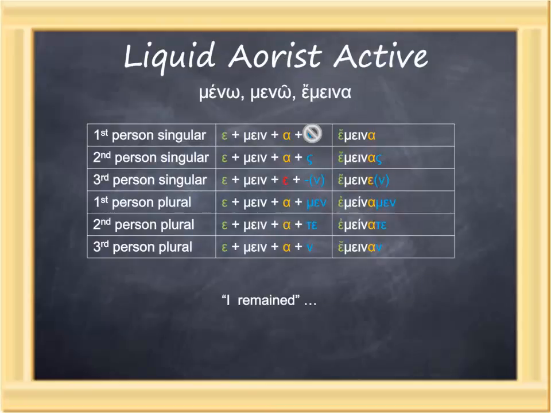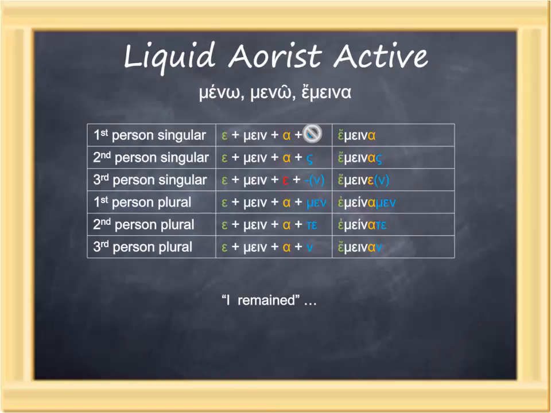So, for example, meno has a liquid first aorist. The stem main ends in a nu. The tense formative alpha is added along with the secondary active endings.